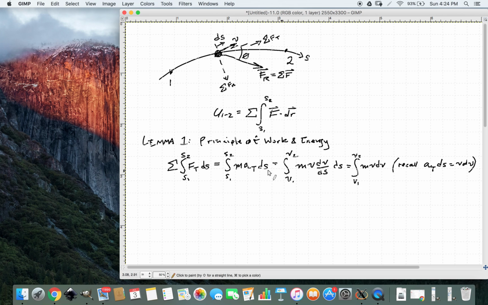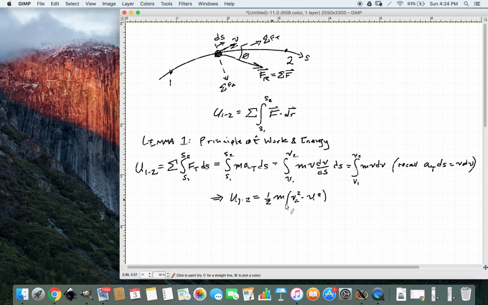So what was all of this? This was what we called the work we do as we go from point 1 to point 2, U1-2. So then what we have is that the work I do in going from 1 to 2 is given by calculating this integral: 1/2 m, and then I've got v squared, but my integral limits I need to take into consideration, so that's v2 squared minus v1 squared.